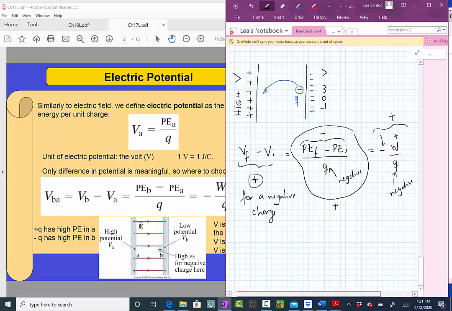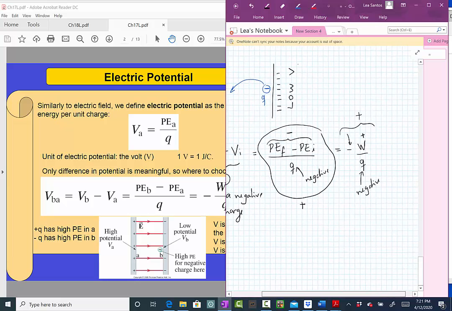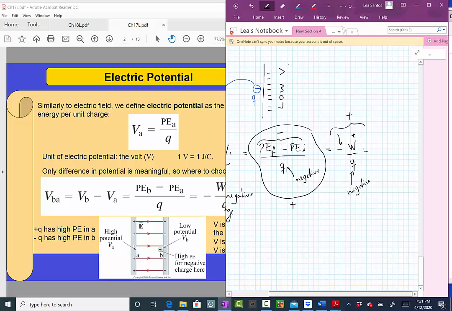We said that the work can be written in terms of the electric field. Okay, so let's continue writing this here. We have minus. Now, what is the equation that we wrote for the work for a negative particle?